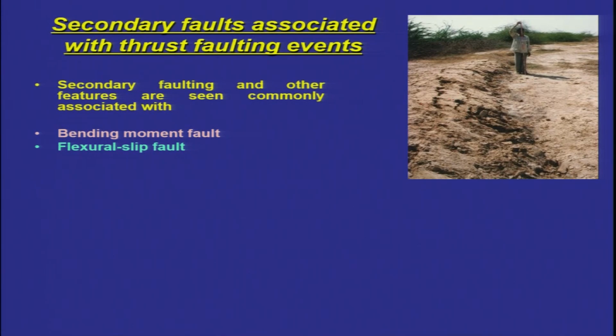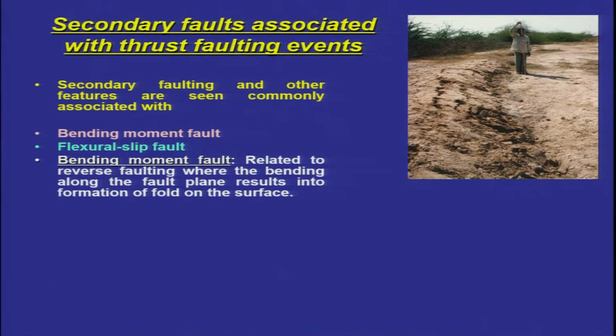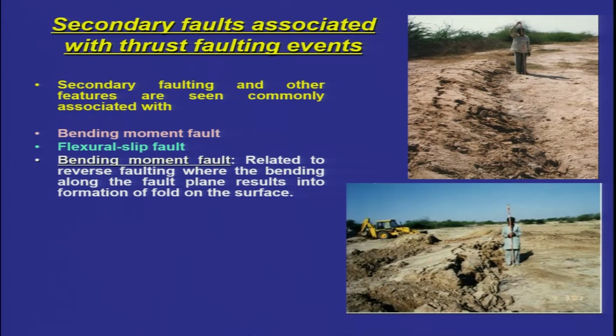This is on the crest of the folded material. So, we see extensional faults here, and bending moment faults are usually related to reverse faulting, where the bending along the fault plane results in the formation of faults on the surface. So, this is typical of that.